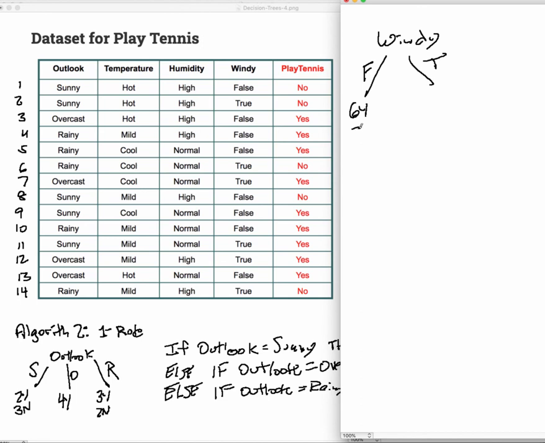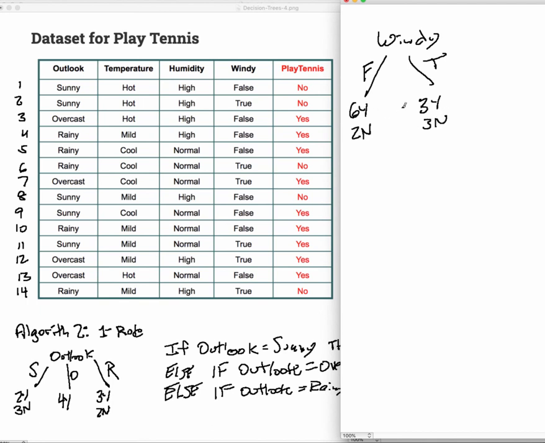6 yes, 2 no. And if it's true, that's 0 to 1, and that's 0 to 2, and that's 1 to 2, and that's 2 to 2, and that's 3 to 2, and that appears to be 3 to 3. I hope I got that right.